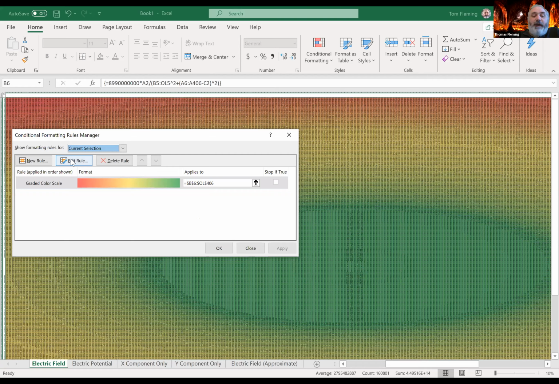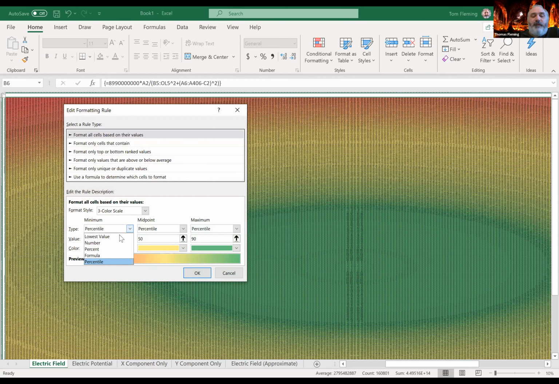You might also try other things. Let's pick specific numbers. Anywhere it's less than, let's say, 50,000, make that red. Let's have 5 million be yellow.